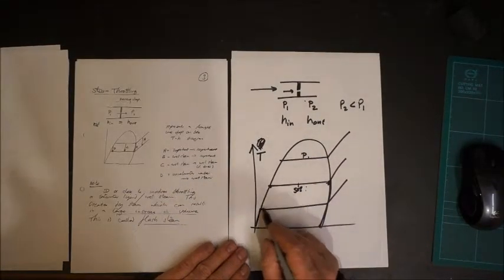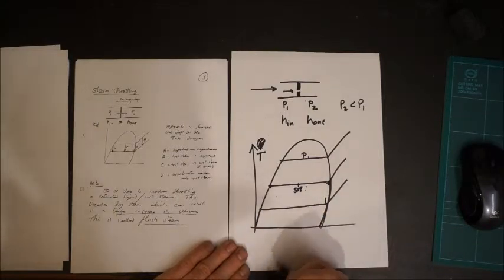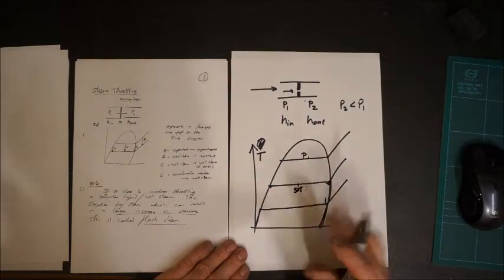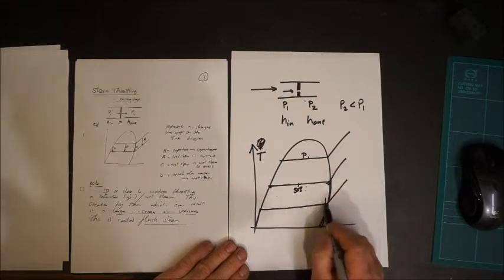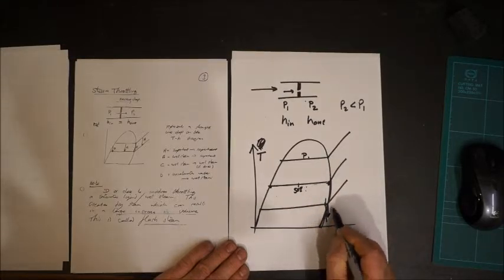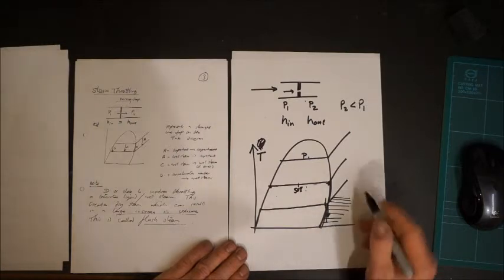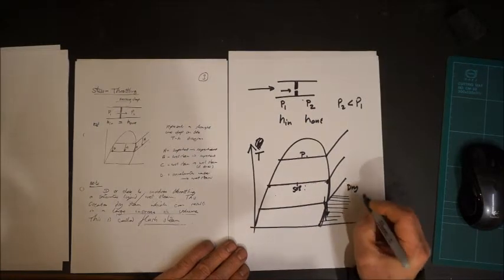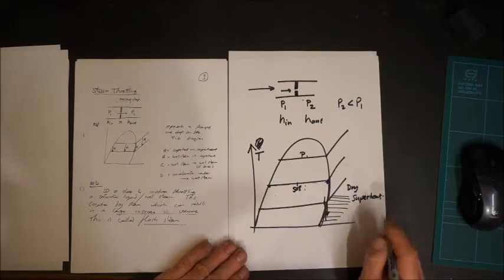So if I generate wet steam, say here, and then pass it through a hole, a blockage in the pipe, then the pressure is going to drop, and it's going to go from this wet steam region here, to drop down into this dry superheated steam region here. So this does two things.